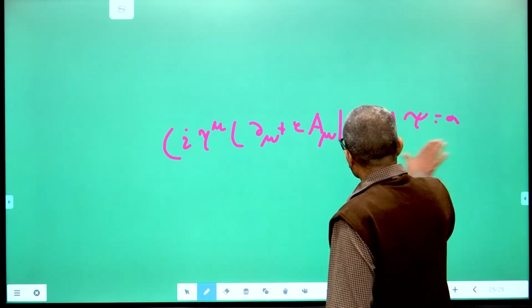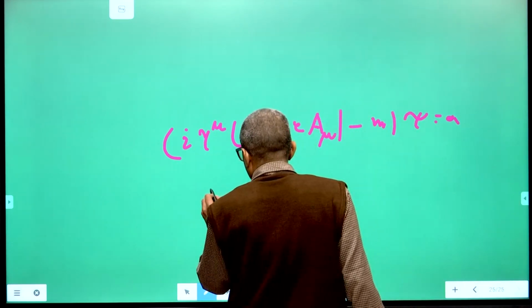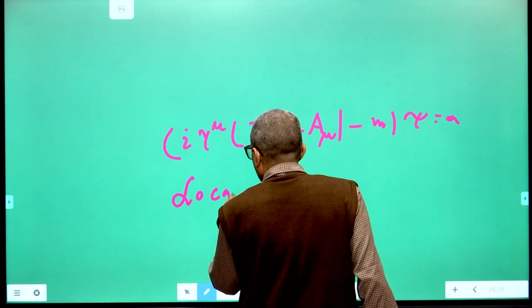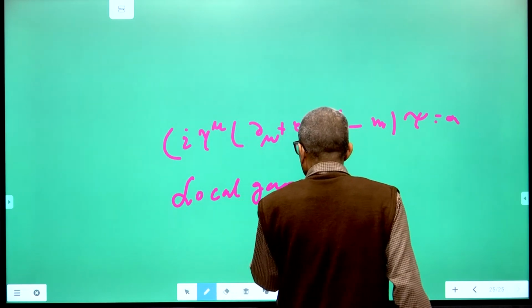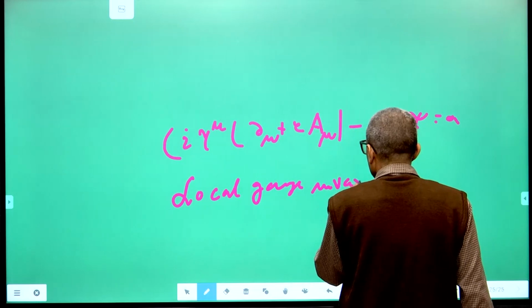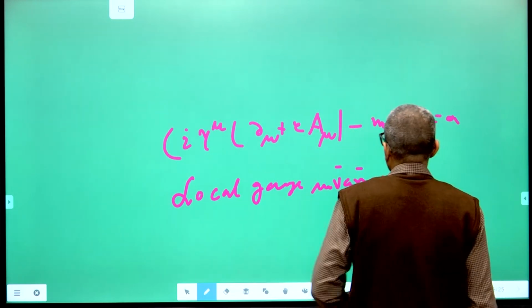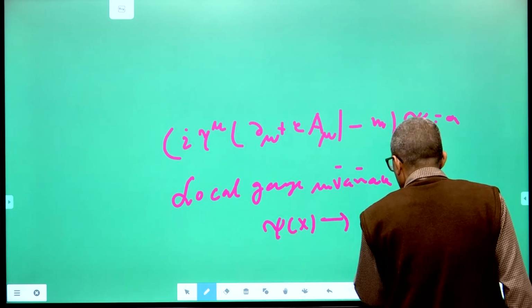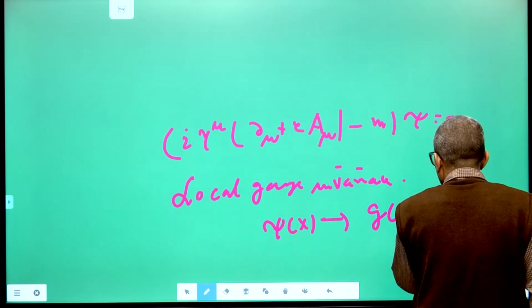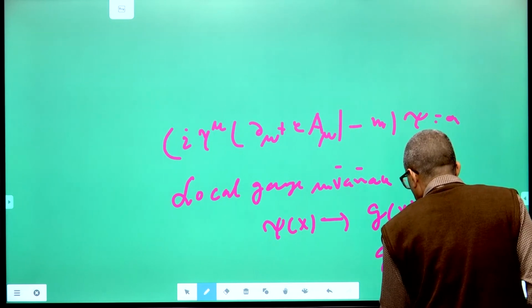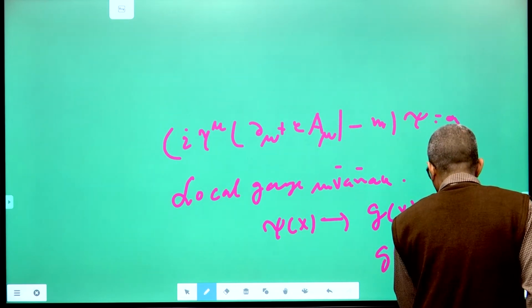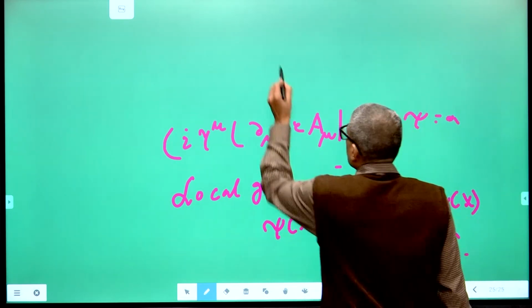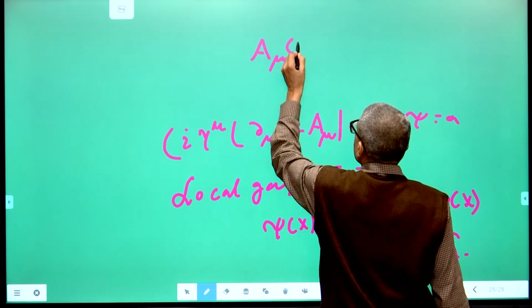Now when I want this to be locally gauge invariant, I want local gauge invariance, which means that if you change psi of x, x is space time, into G of x psi of x, where G of x is an element of the gauge group G, then simultaneously your A mu will also undergo a gauge transformation.